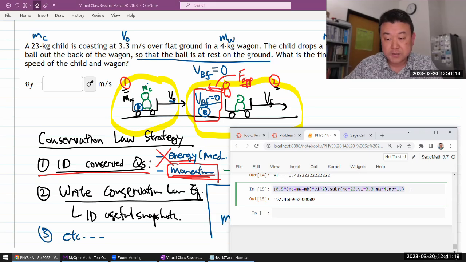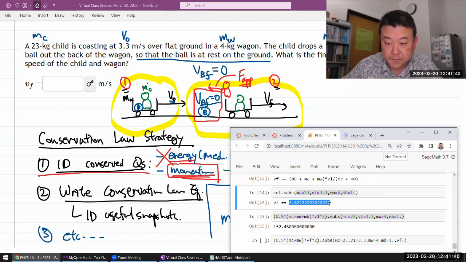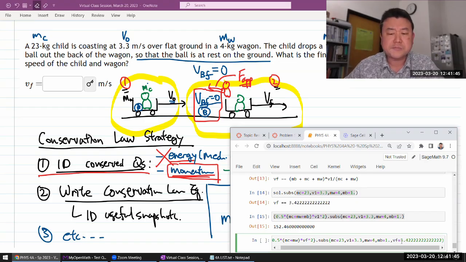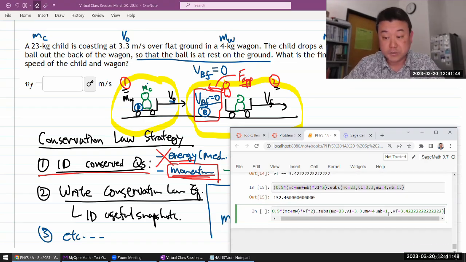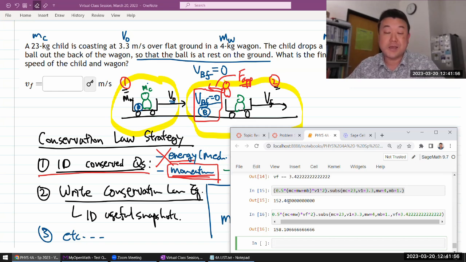And let's see what this looks like after the collision, or post throwing of the ball. So the child and the wagon are traveling at the speed of V final. Let me put in that answer from before. And I guess I can just leave it there. If I included an explicit term for the ball, it would have been 0. So when I do that, I get 158.1 joule versus 152.5 joules. So energy has gone up.